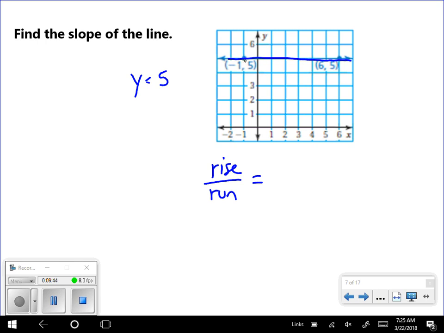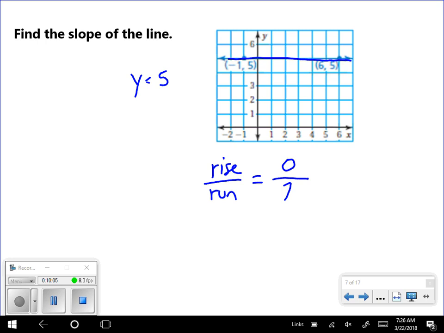No. If you have a horizontal line, you're never going to move up at all, so your rise would always be 0. And then your run, you might have some here. 1, 2, 3, 4, 5, 6, 7. But your rise will always be 0.